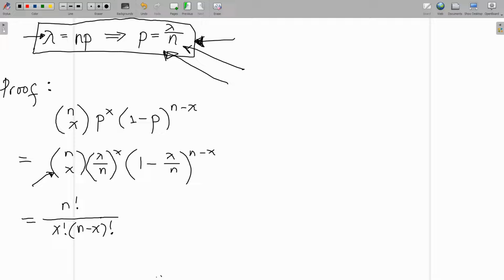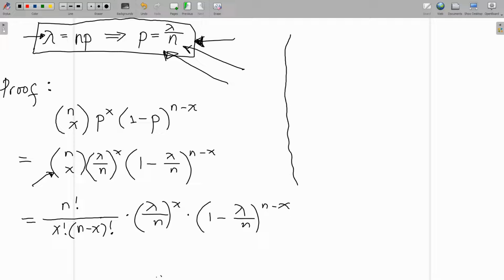So we know that formula. And so we have lambda over n raised to x times 1 minus lambda over n raised to n minus x. Okay, so let us continue.